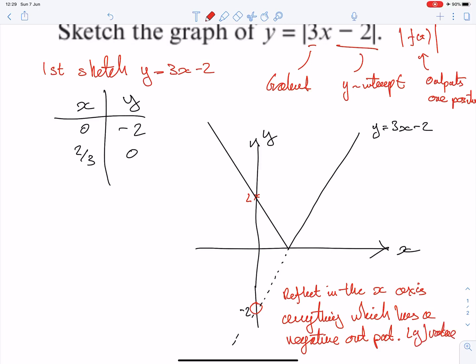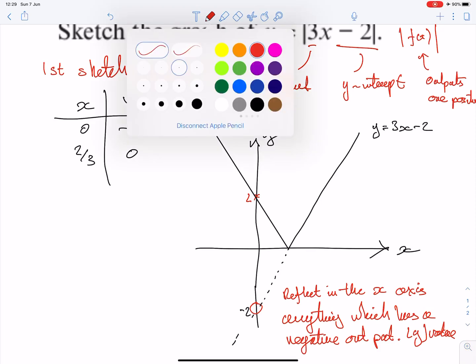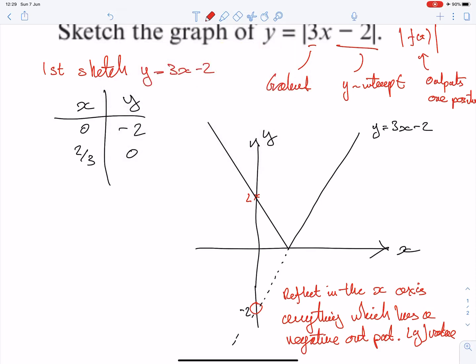Now hopefully we remember from GCSE, when reflecting in the x-axis, f of x is mapped onto minus f of x.